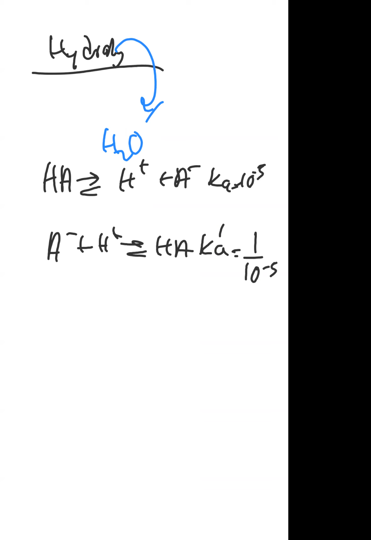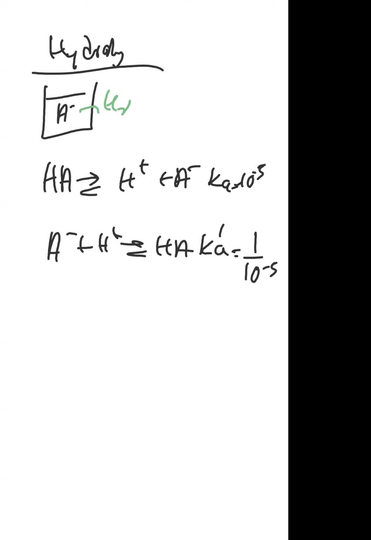Then we have a situation that we have only the anion of this weak acid. Of course, the aqueous solution of anion contains some amount of water. Okay, we have this one also. Then what do we have?